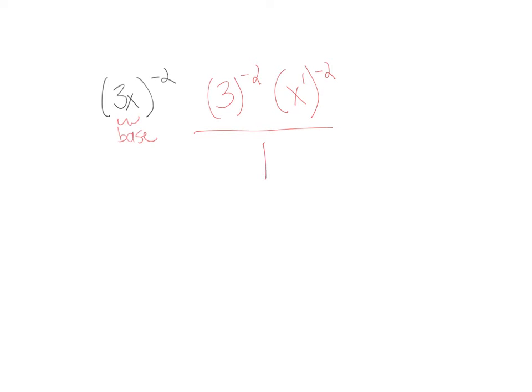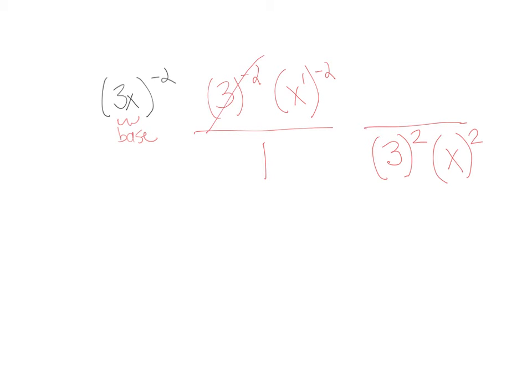And since those are both in the numerator, to make those exponents become positive, they will need to move to the denominator. Notice that the base 3 stays the same, but that exponent of negative 2 switches to positive 2, and that the x to the first power stays the same. It's the exponent of negative 2 that switches to positive 2.